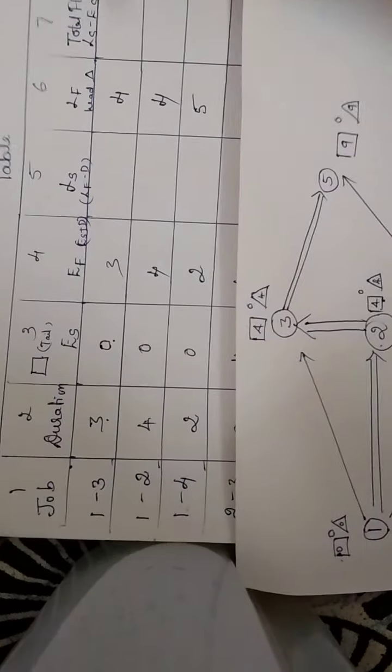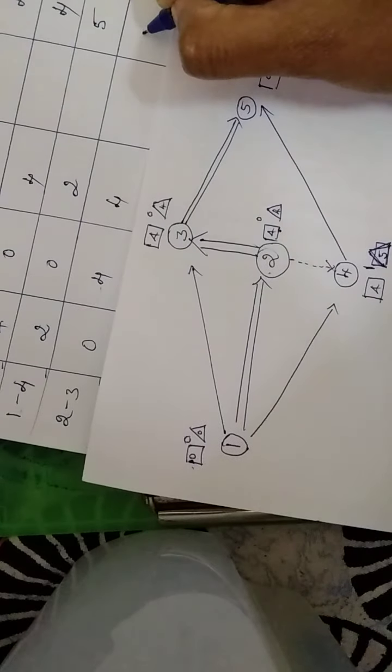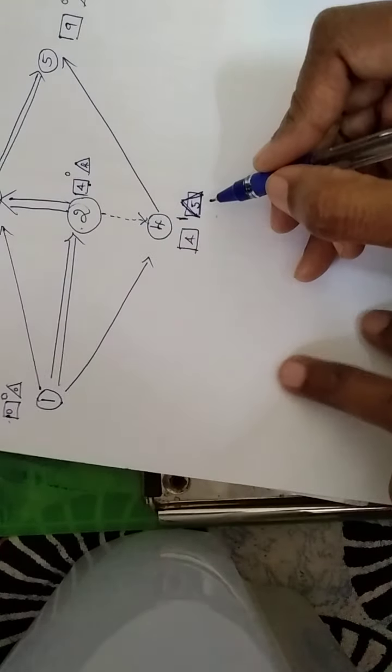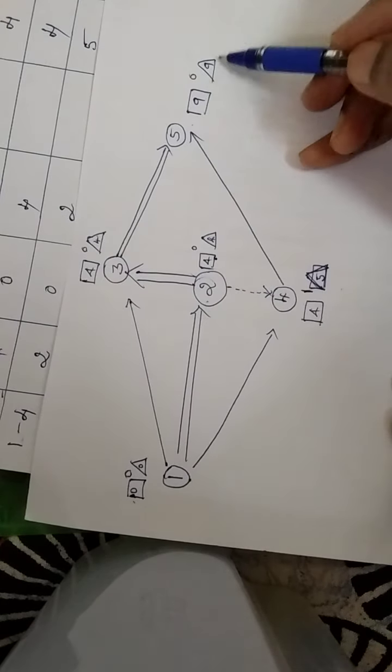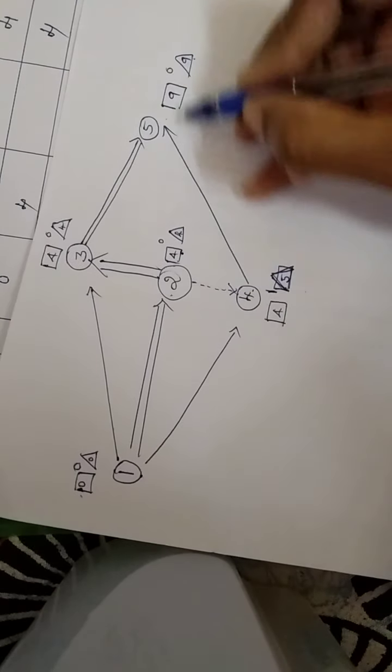So 2 to 3, from 2 to 3 if you see, 4 is what you get here. From 2 to 4, it is 5. Now 3 to 5 if you see, it is 9. 4 to 5 it is 9.